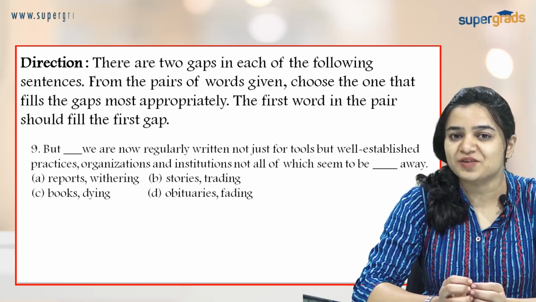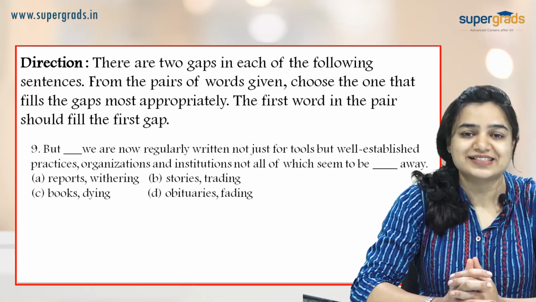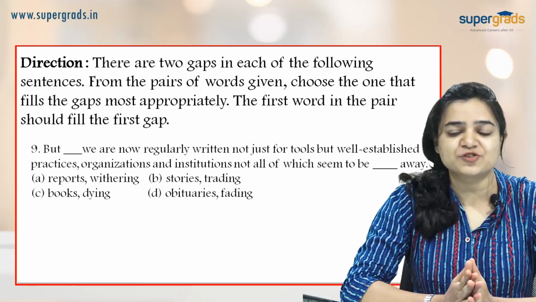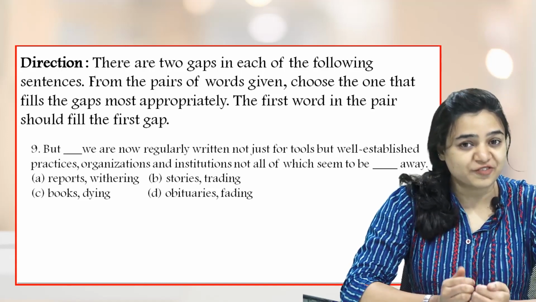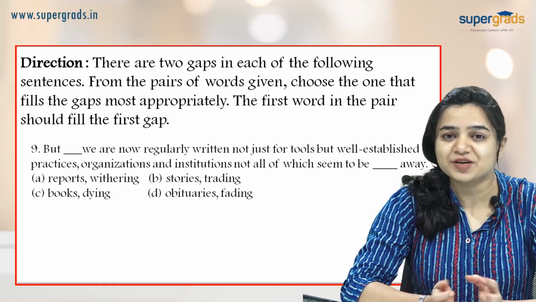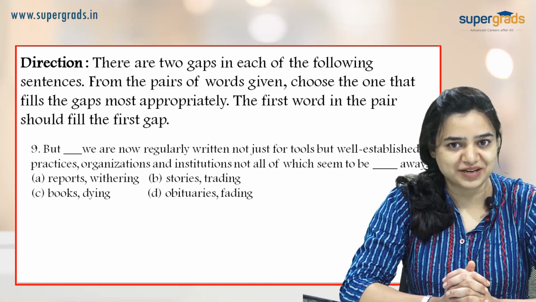Of course, it's not people here who are dying, but then the context tells us that we should choose obituaries. And another reason for choosing D over any other option is only fade could go with away. And that is why this phrasal verb knowledge is also handy here. So I'm choosing D for question number 9.